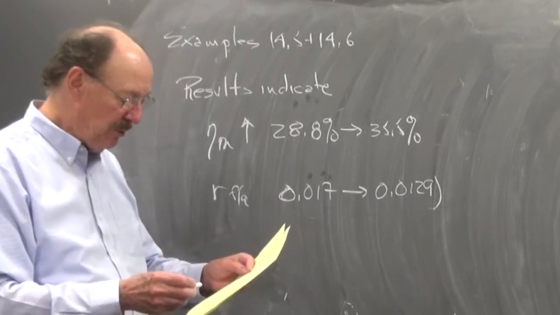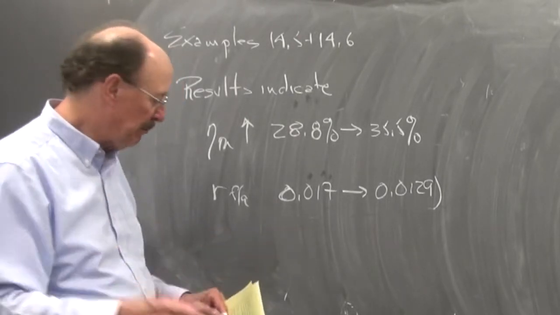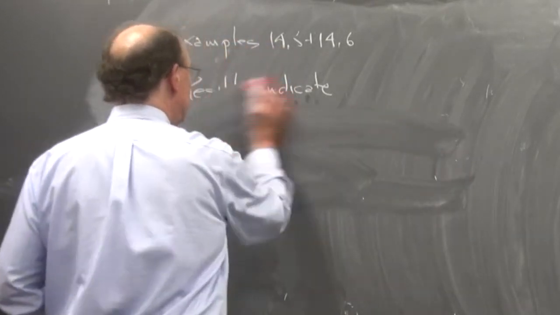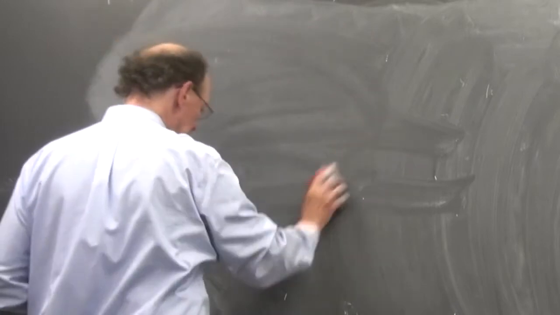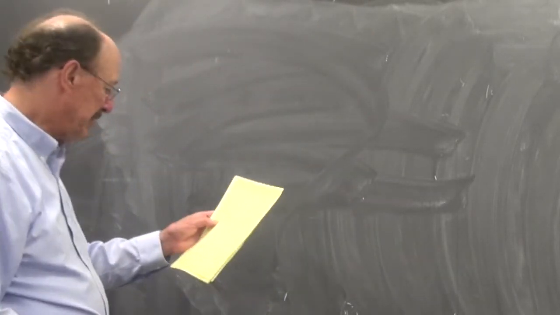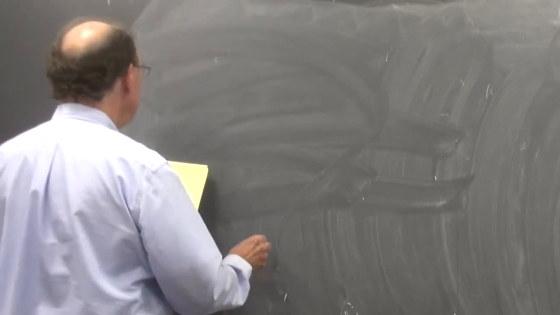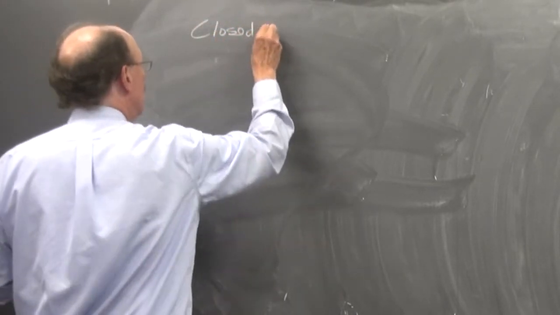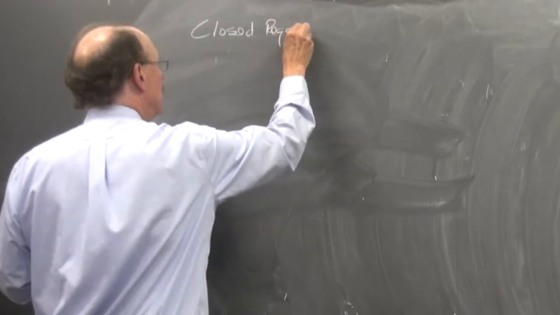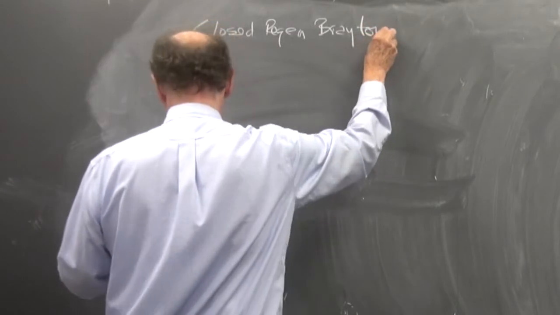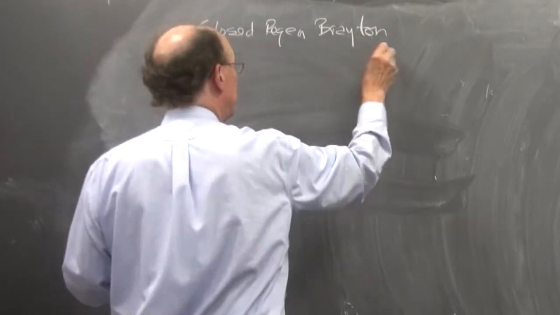So what I want to do is draw this closed regenerative cycle and look at what it tells us. Just like the Otto cycle could give us indications of improvements with compression ratio, we can have the same thing here. This is going to be a closed regenerative Brayton cycle, figure 14.16.